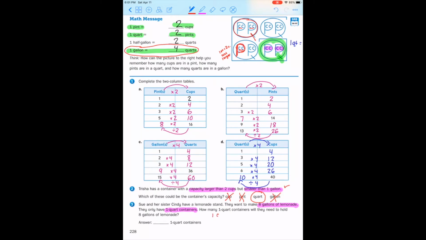So I know that if 1 gallon is equal to 4 quarts, then 8 gallons, and it's just like what we did in problem number 1, I have to multiply by 4, right? 8 gallons times 4 quarts in each gallon would give me 32. So 8 gallons is 32 quarts. So Sue and her sister Cindy would have to have 32 of those jars or containers to fit the 8 gallons of lemonade.